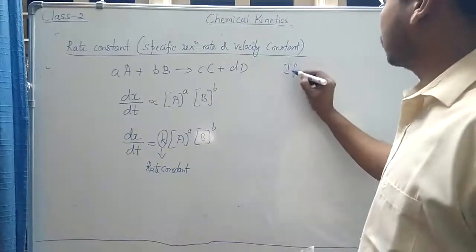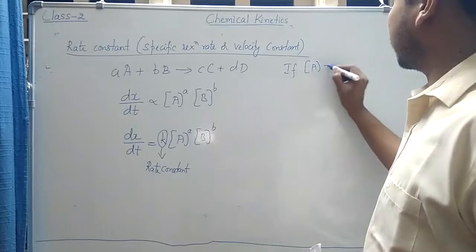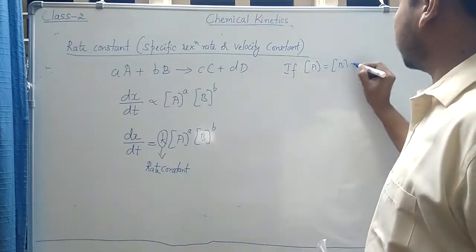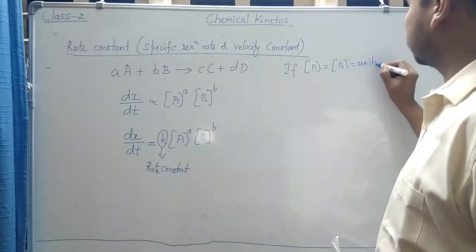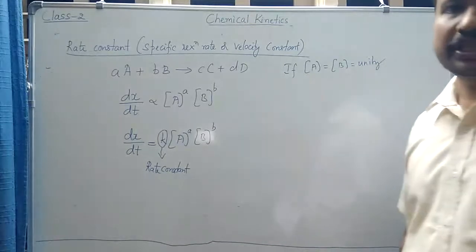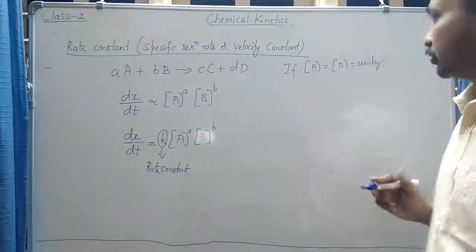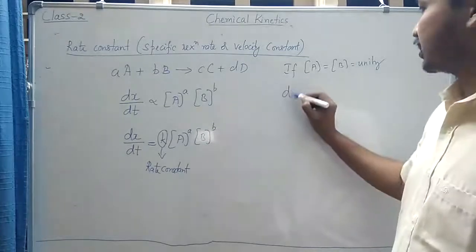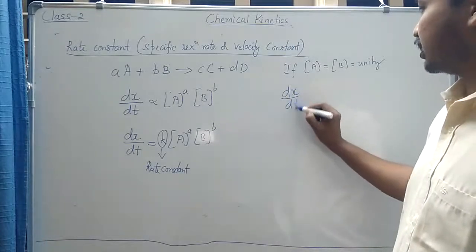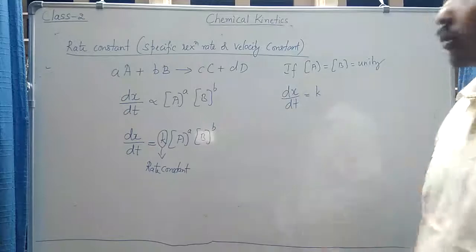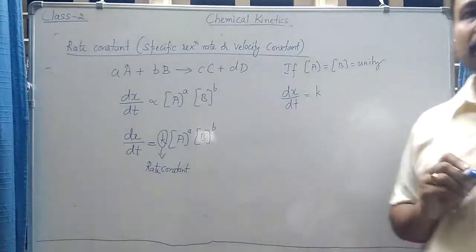If the concentration of A and the concentration of B is unity, 1 mole per dm cube, then in such a case the rate of the reaction dx by dt is equal to k.